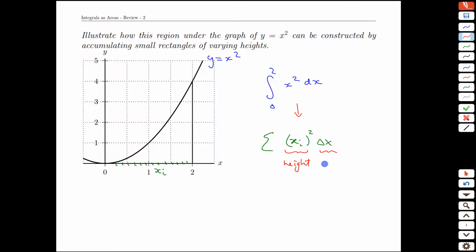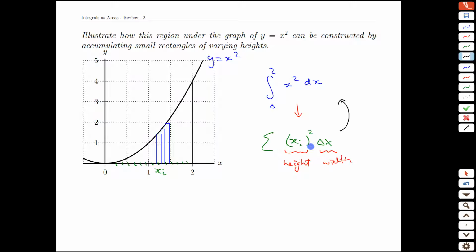We multiplied each of those heights by a width, and that corresponded to a rectangle like this. We then repeated that over and over again and built more and more rectangles, and with those rectangles all together, we covered the area we were talking about.